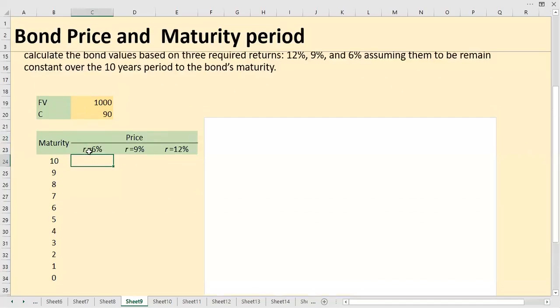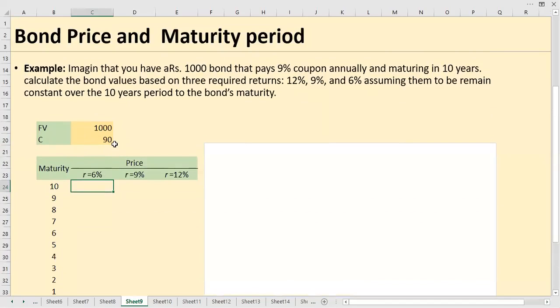When we have a maturity period of 10 years, that means at the moment when you are buying the bond, you have 10 years. So let me give the formula, present value. The rate here is 6%, so I'm giving 0.06, and the number of periods is 10, and then we have the payment, which is 90.